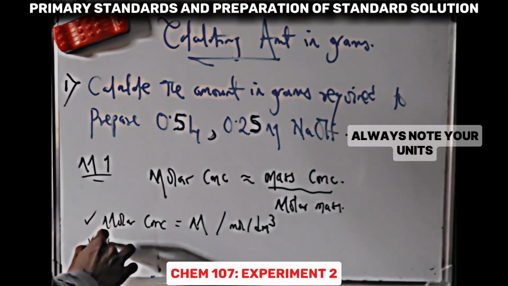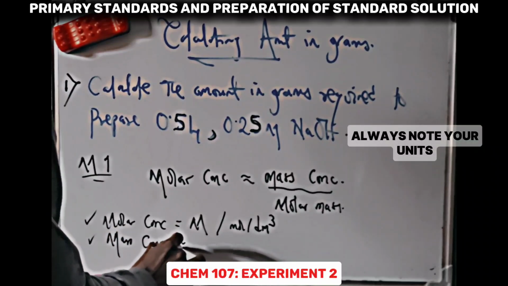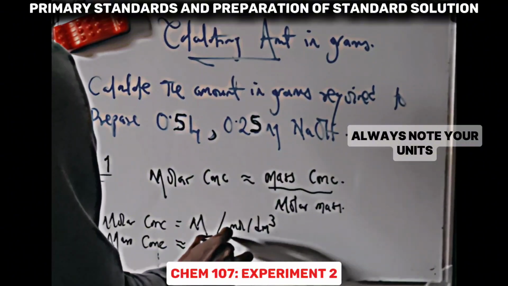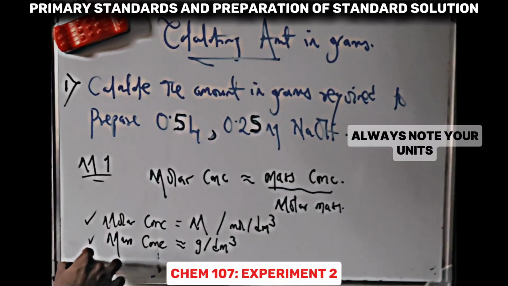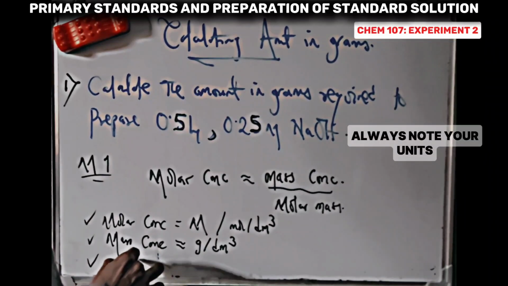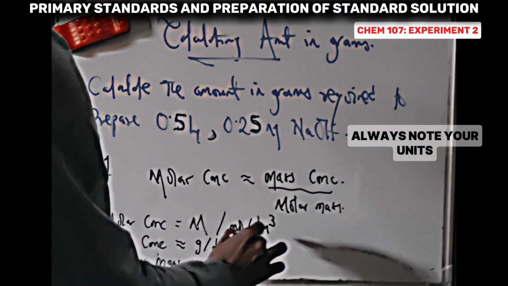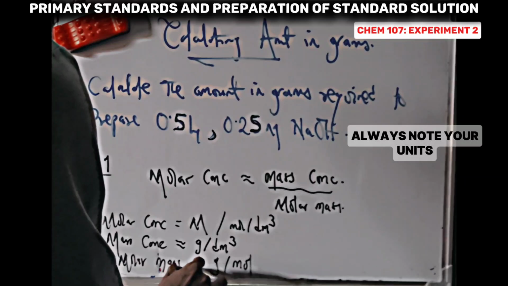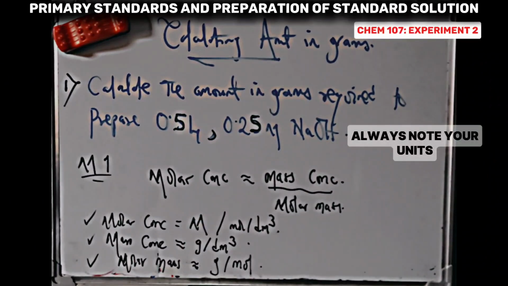While mass concentration has its unit as gram per dm cube. While molar mass, it's important to note this unit. It can save your life. Molar mass has its unit as gram per mole. I told a class to know this very well, but this is it.